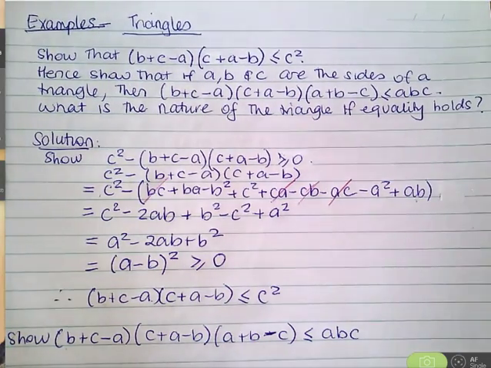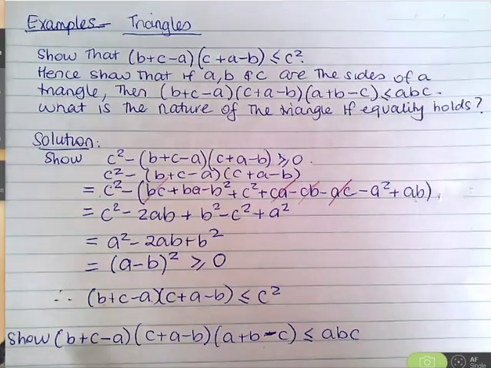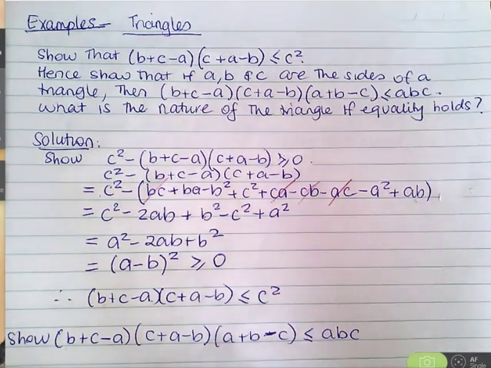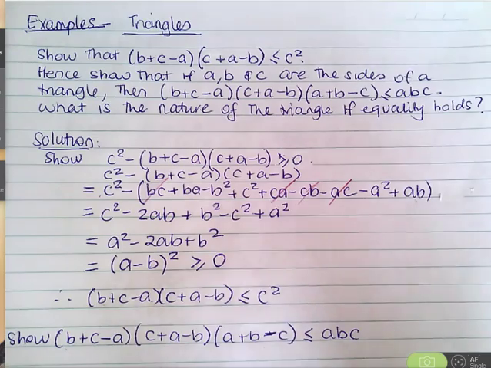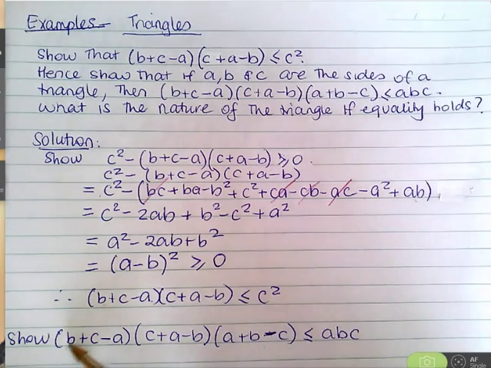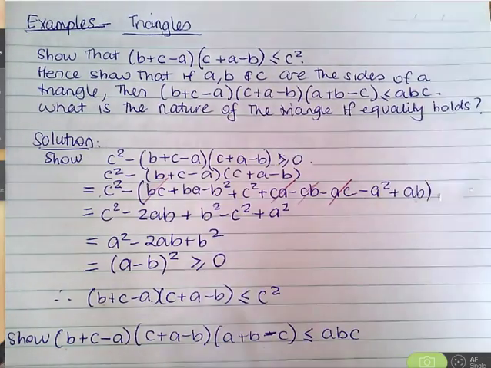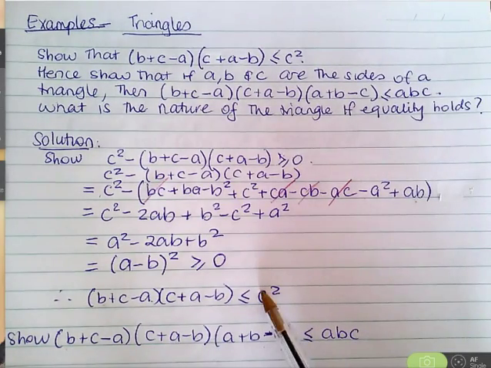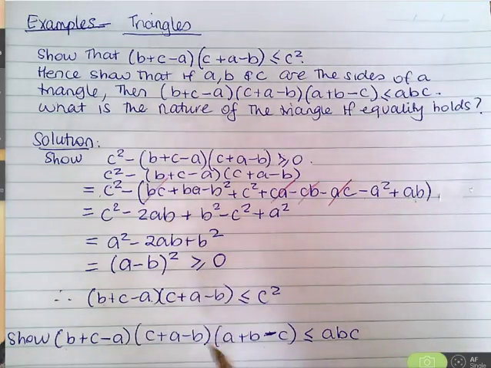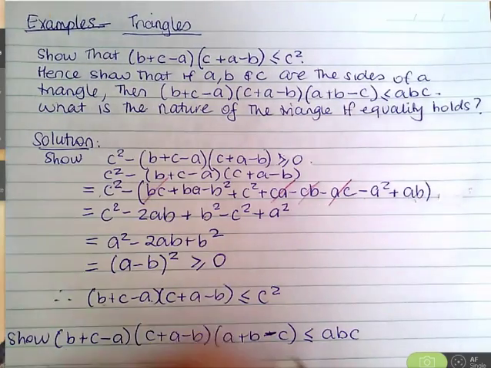And you'll notice that this final inequality here is symmetrical in a, b, c, because you've got b + c - a, then you've got c + a - b, and an a + b - c. So each pronumeral, each side, a, b, c, is always being subtracted from the other two sides. So it suggests that we can start with this and replace some or all of the pronumerals.